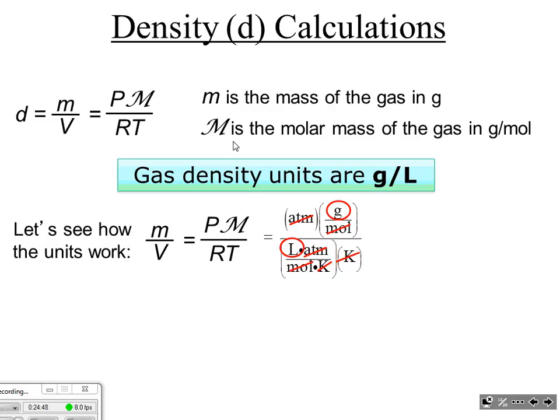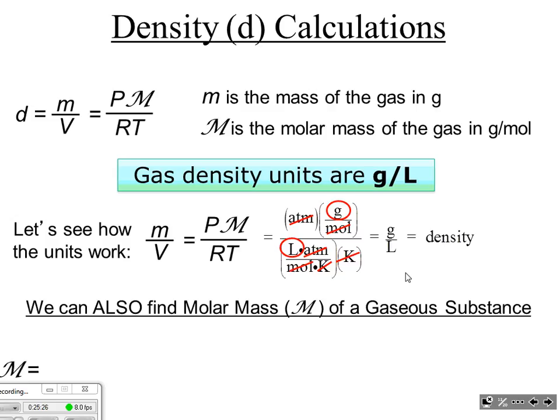The big thing is right up here, that this capital M is the molar mass of the gas, in grams per mole. So when I do this and get this to come out, I have my final label as grams per liter, which is a density.